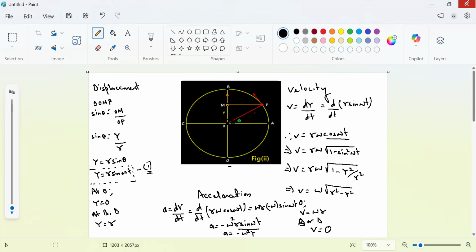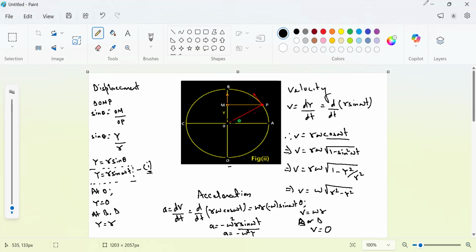So what does it mean is, at the mean position, acceleration equals 0 because y equals 0 over here. And at the extreme position, acceleration will be maximum because y equals R over here.